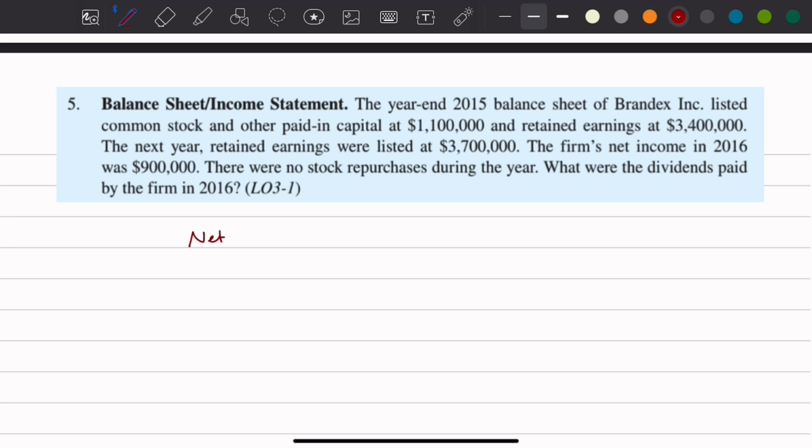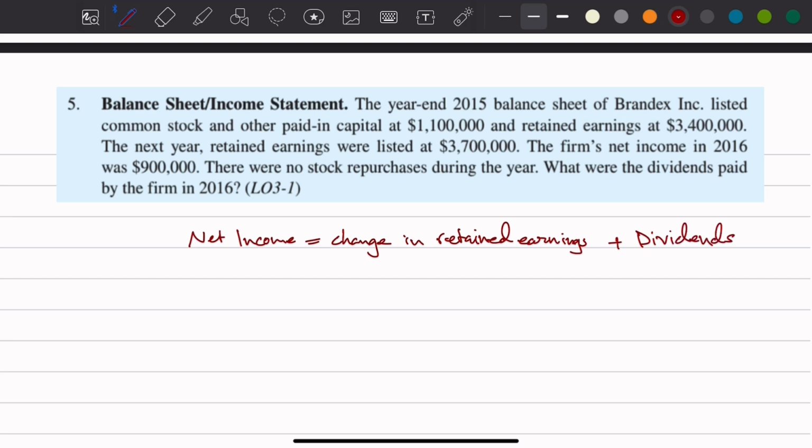Net income is going to equal the increase or the amount of change, regardless whether it was an increase or decrease. So let's just write change or delta in retained earnings plus dividends.